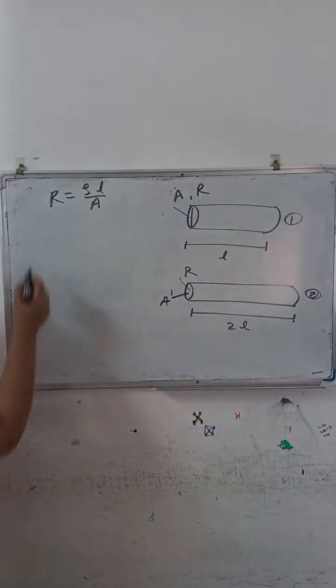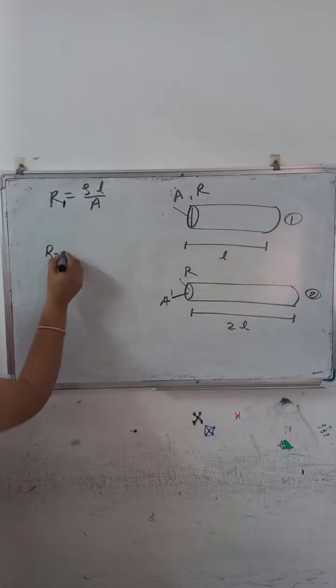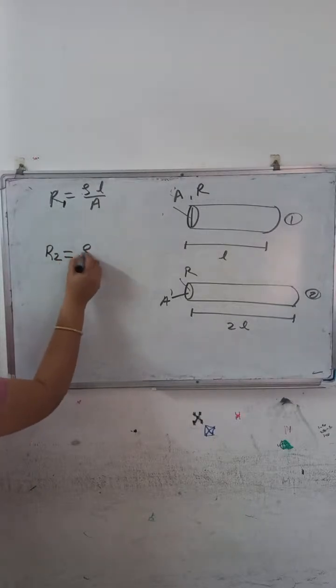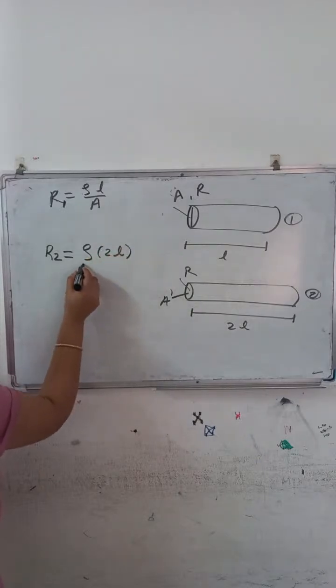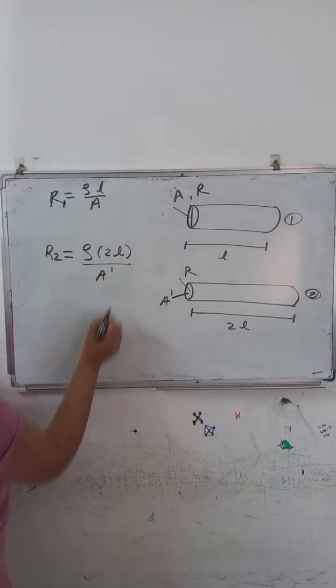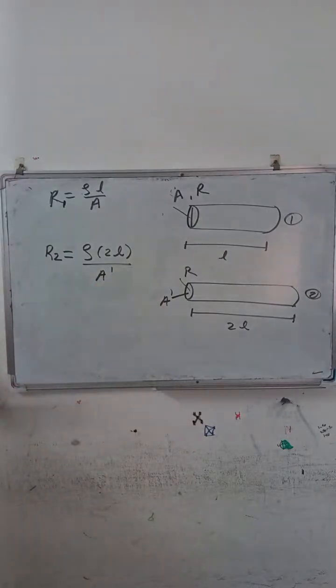Here this is the resistance of the first conductor, then the resistance of the second conductor should be rho, same material, length 2L, divided by area A dash. Can you get how I assumed and what I am doing?